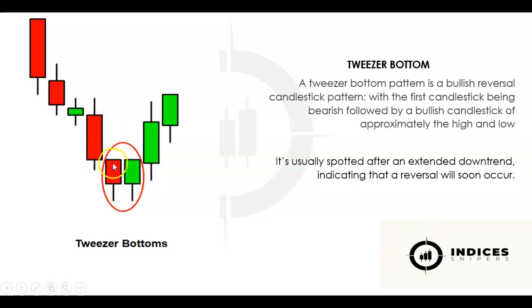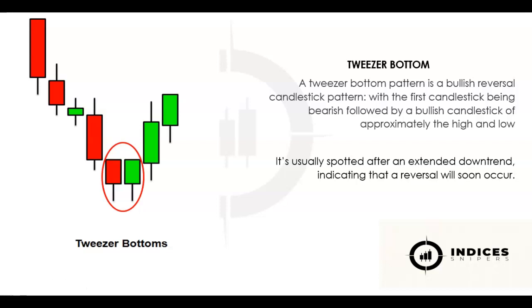So usually when we have these two identical patterns that look alike, with one being bearish and the other one being bullish, the first one has to be bearish because this is a downtrend, and the one next to it is bullish, which is the one indicating that the market is about to go in that direction. So again, these two candlestick patterns are important, but you're not just going to trade them unless you're considering the position where the pattern is formed.